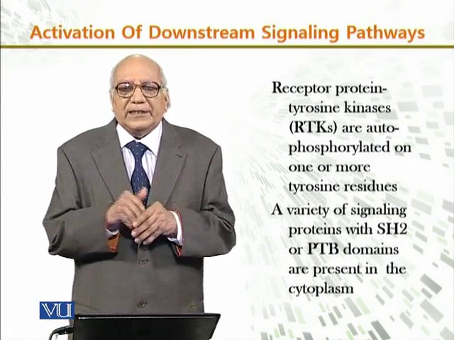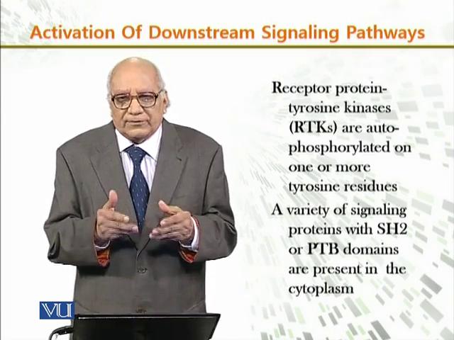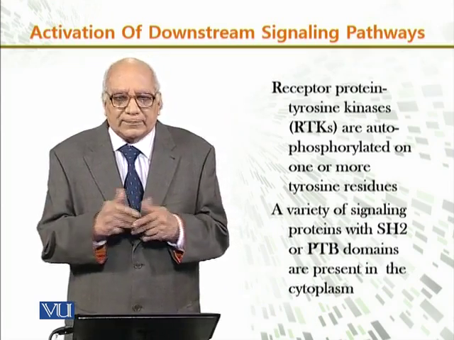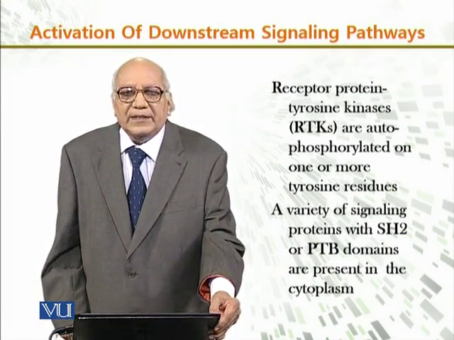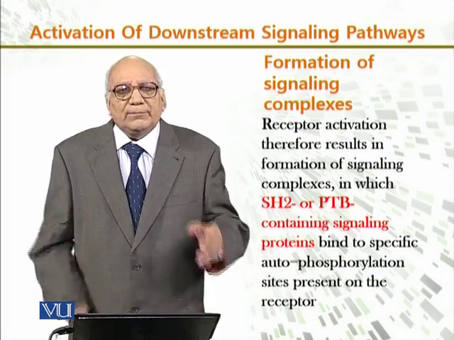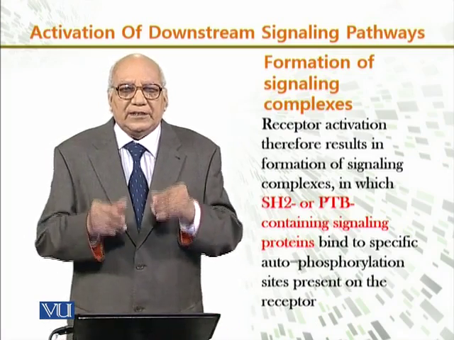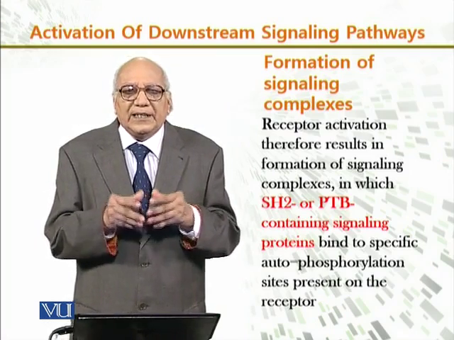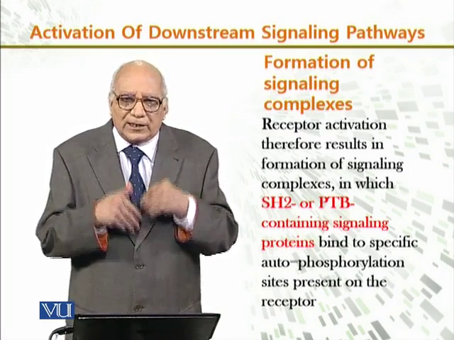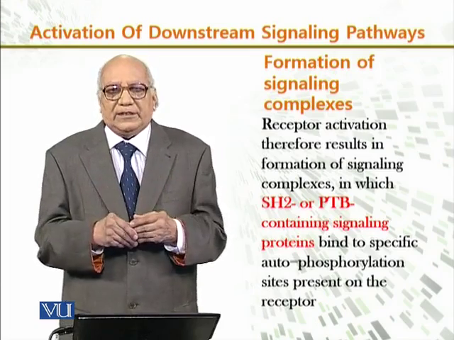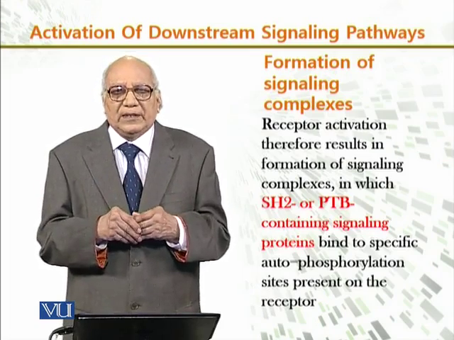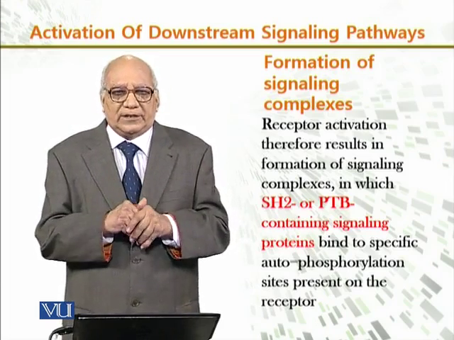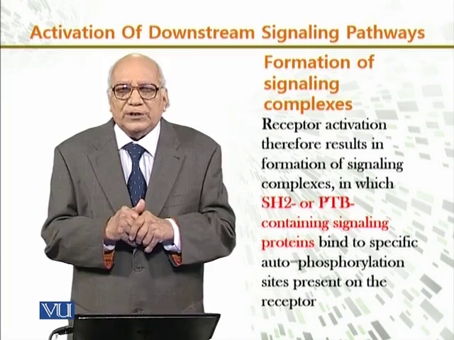Now, a variety of signaling proteins are available, for example, those with SH2 and PTB domains, and they are present in the cytoplasm. Remember that these proteins are present in the cytoplasm, inside of the cell, not outside of the cell. So how does the formation of signaling complexes result?